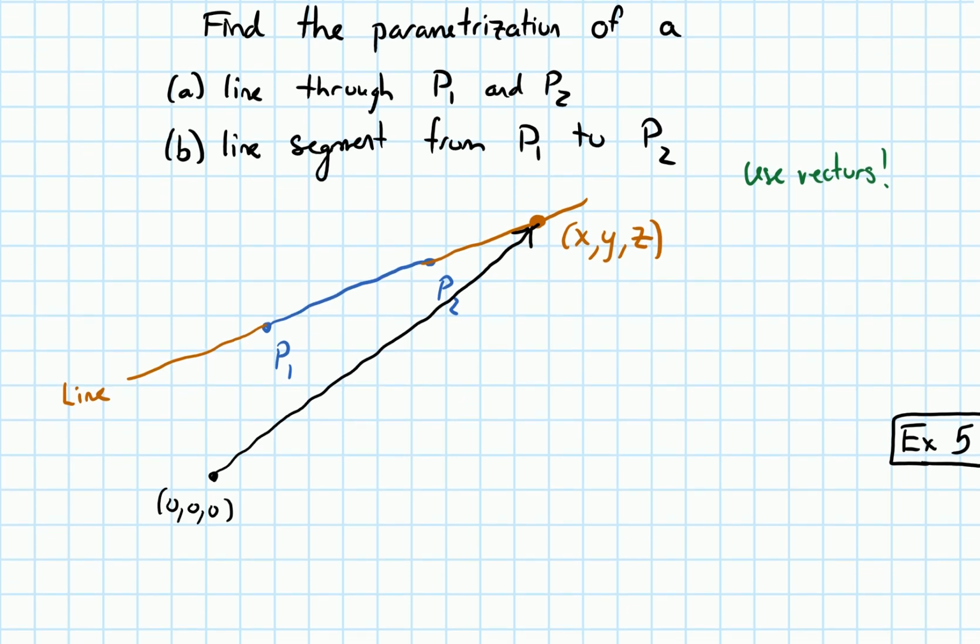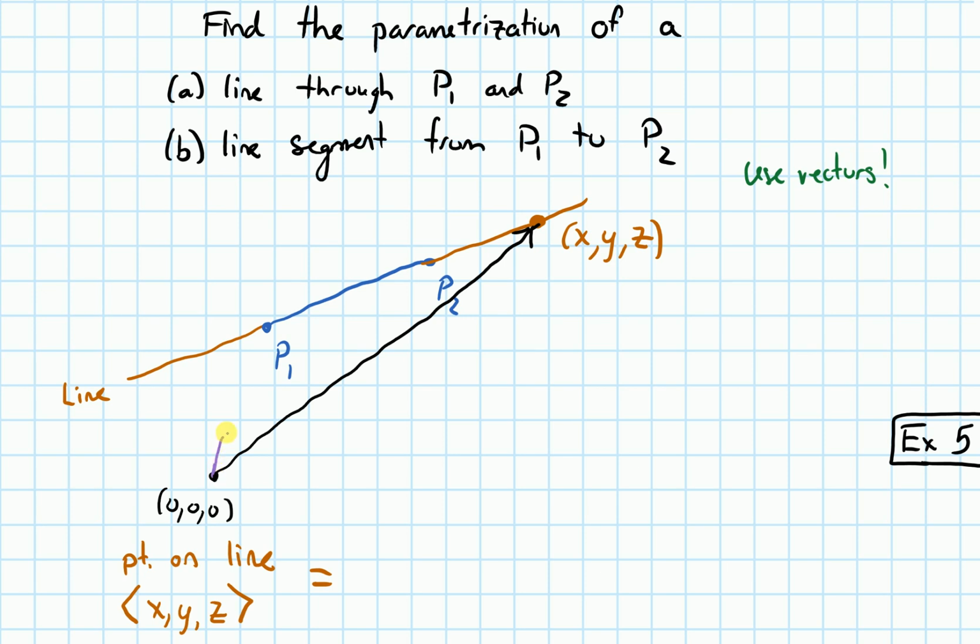I'm going to express the x, the y, and the z in terms of this vector that I've just drawn, in component form. What is that going to be equal to? Let's express this vector x, y, z in another way, since I can reach that point in another way.